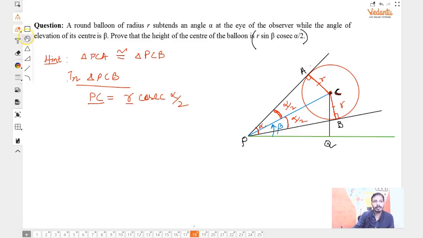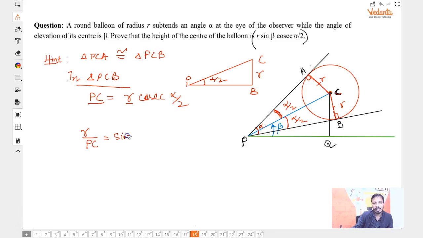See here, how? Some of you are asking me how. Suppose this is a triangle P, B and C, and this angle is alpha by 2. We know that CB is R. So R by PC is sine of alpha by 2.